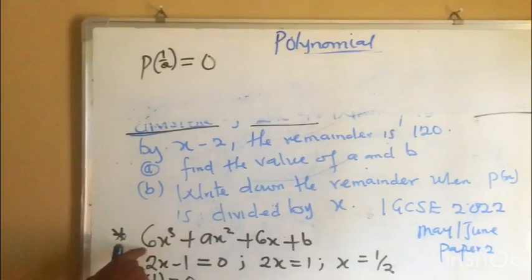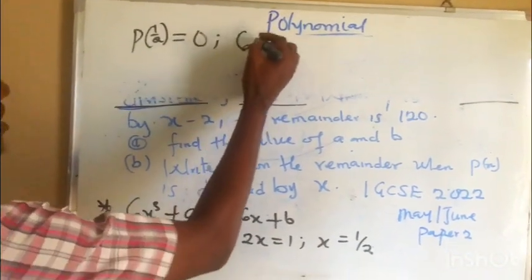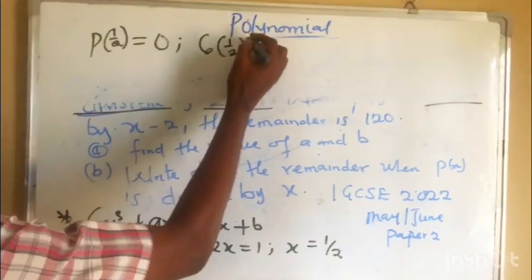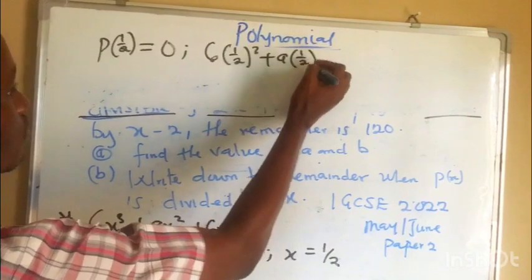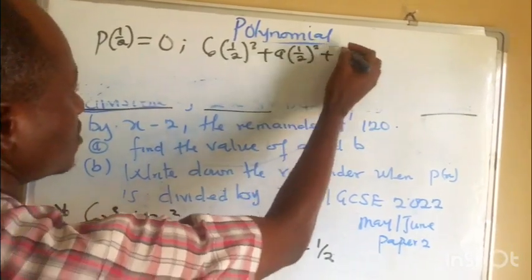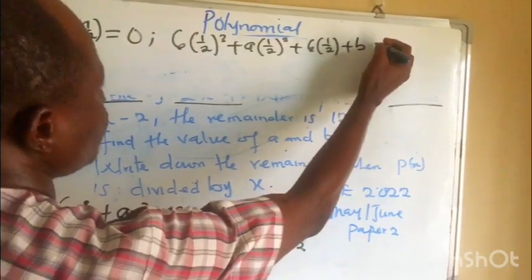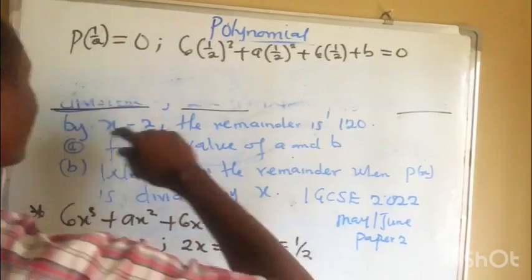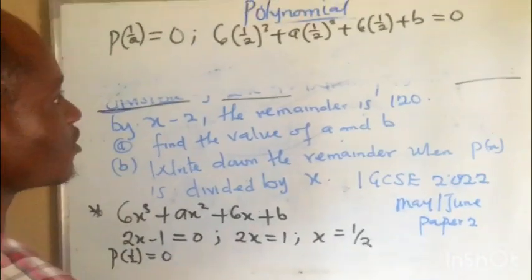What does that mean? Let's substitute half into this polynomial. I'm saying 6 into bracket 1 over 2 raised to power 3, plus a into bracket 1 over 2 squared, plus 6 into bracket 1 over 2, plus b will be equal to 0, since the statement says it is divisible by 2x minus 1.